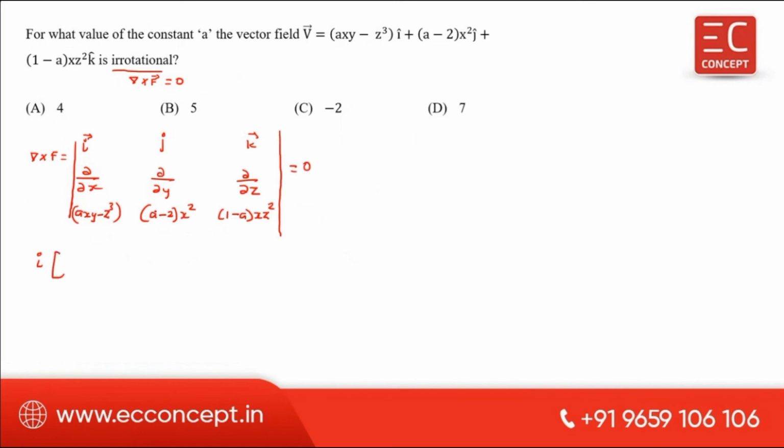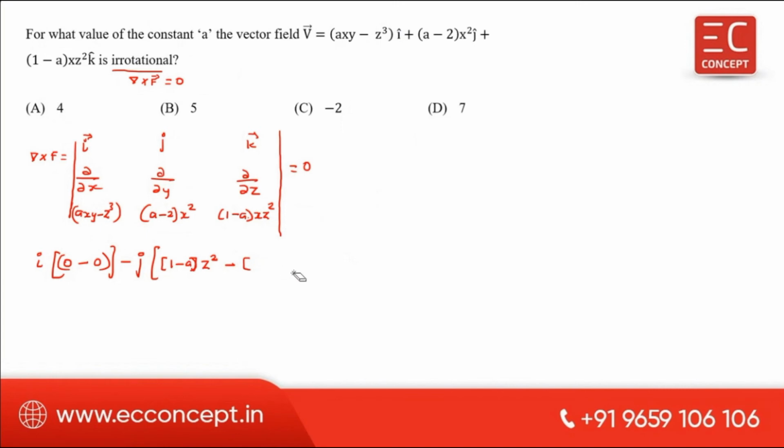Therefore i into this dou by dou x, there is no y term, therefore this is 0 minus dou by dou z, this also 0, that one is over. Then minus j into dou by dou x of this one, therefore this is equal to 1 minus a into x square minus this into dou by dou z of this one, axy minus 3 z square.